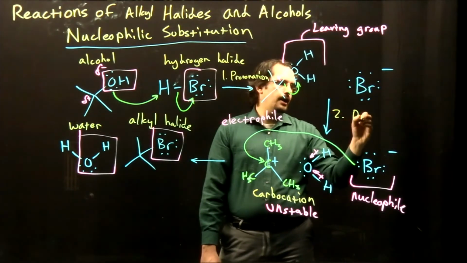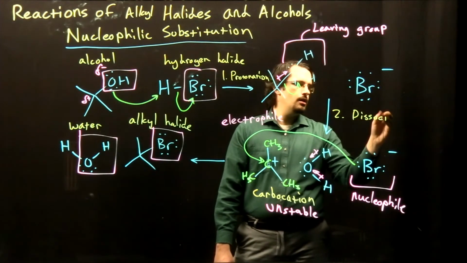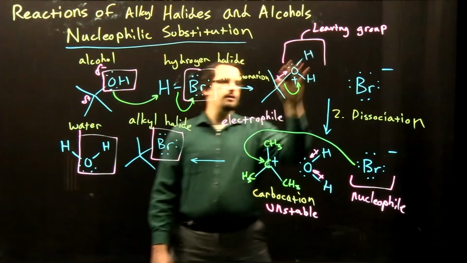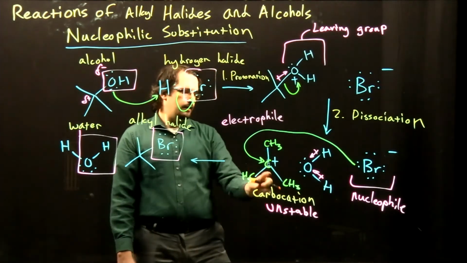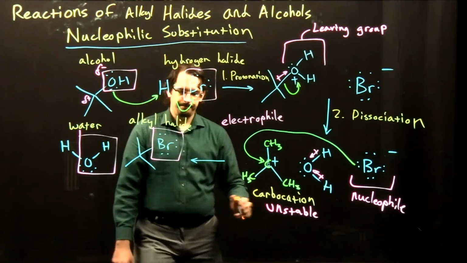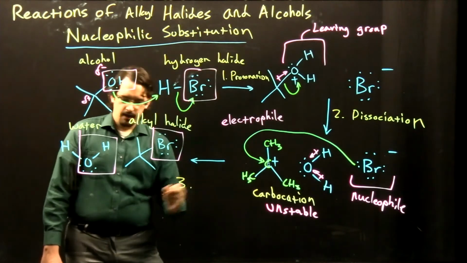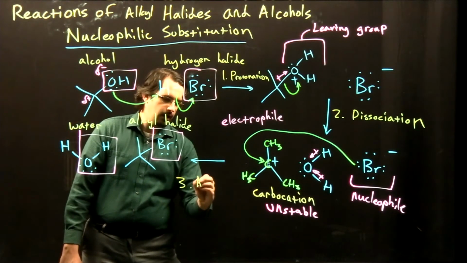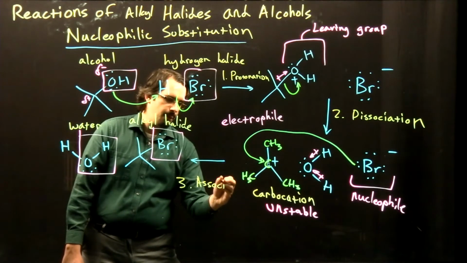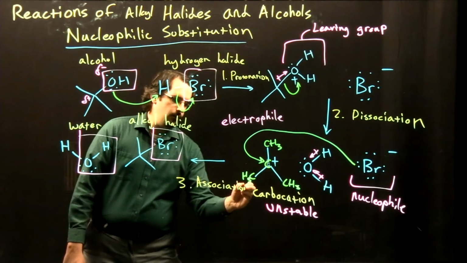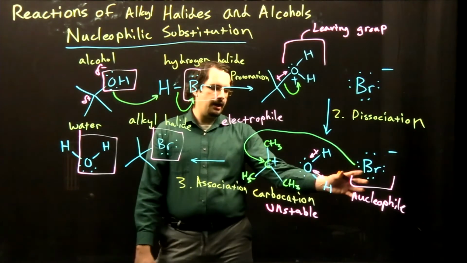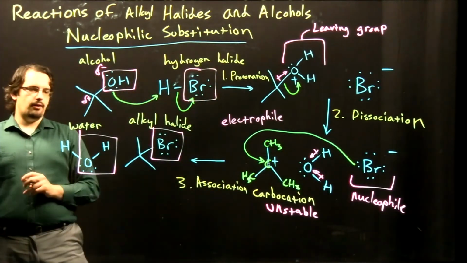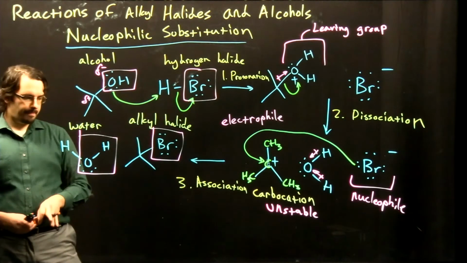In our second step, we have our dissociation of what becomes our water from our alcohol to create the carbocation. And now in our third step, we have our association, where our nucleophilic bromide ion attacks our carbocation to create our final alkyl halide and water.